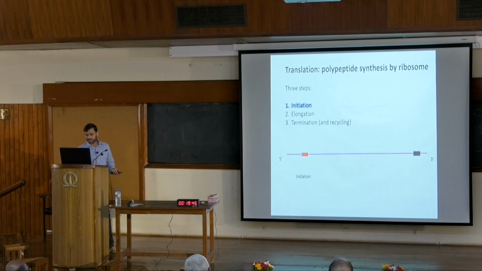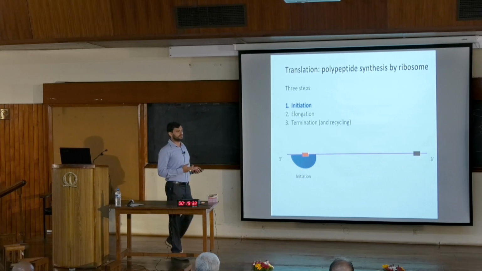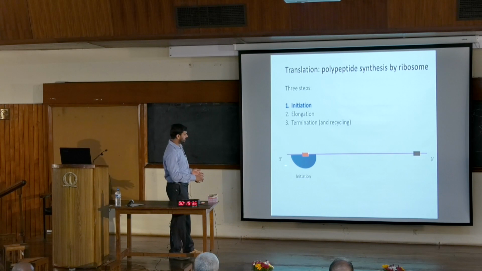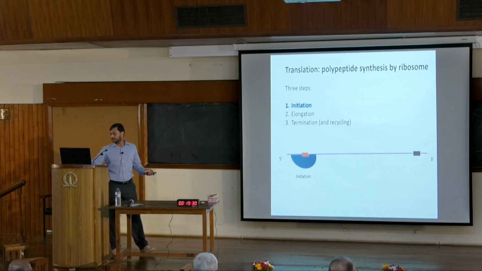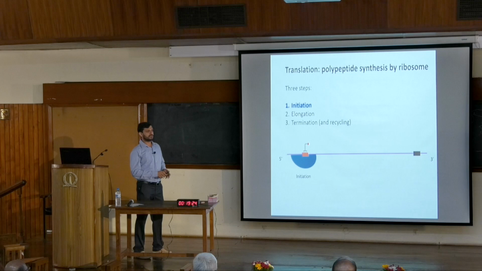In the first step, that is the initial step of translation, the small subunit binds at the 5' end of the mRNA, at the start codon in the mRNA template, and a specialized tRNA, which is an adapter molecule that helps in decoding the codon with the cognate amino acid, is recruited to the start codon.